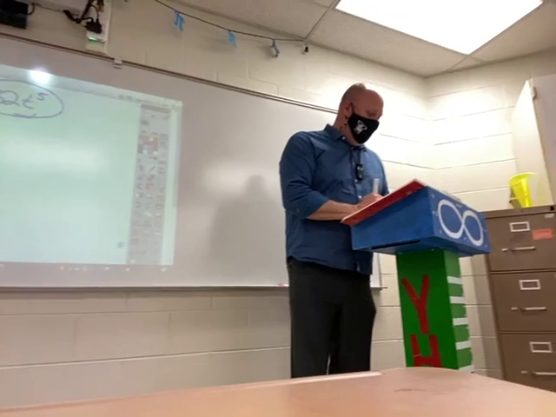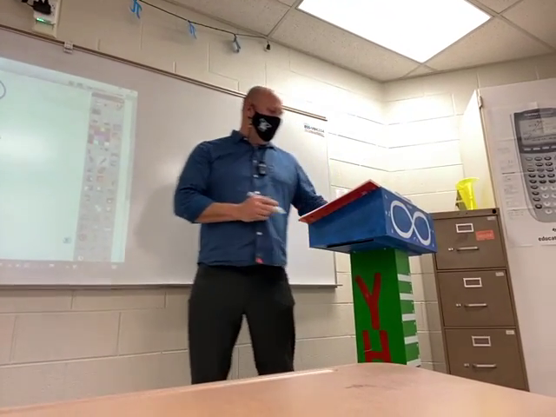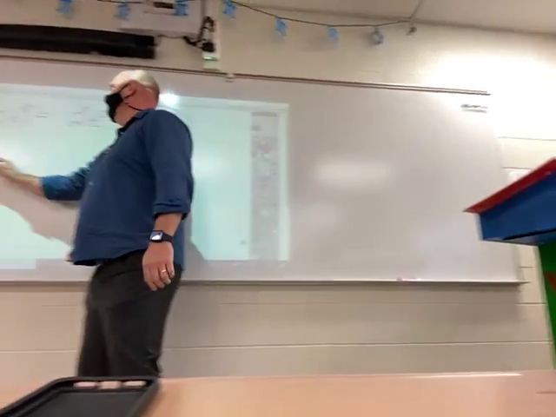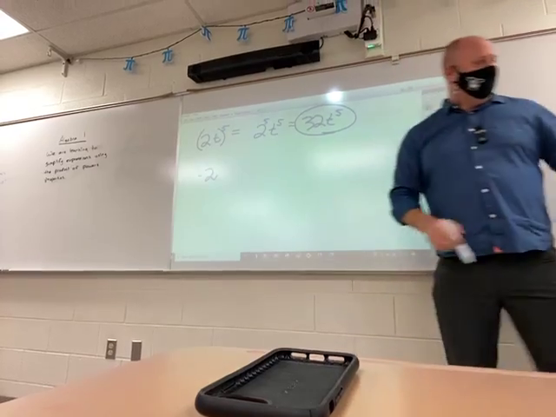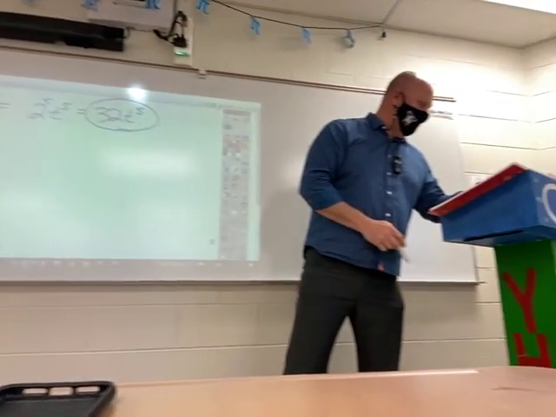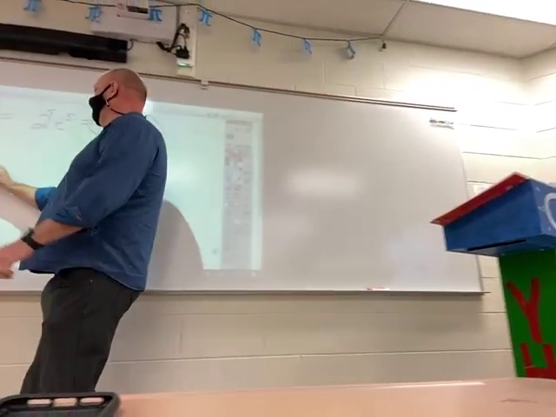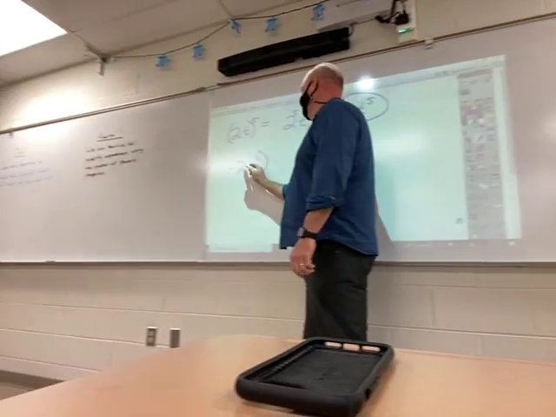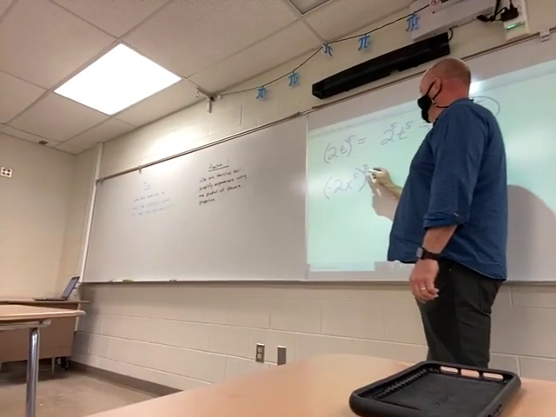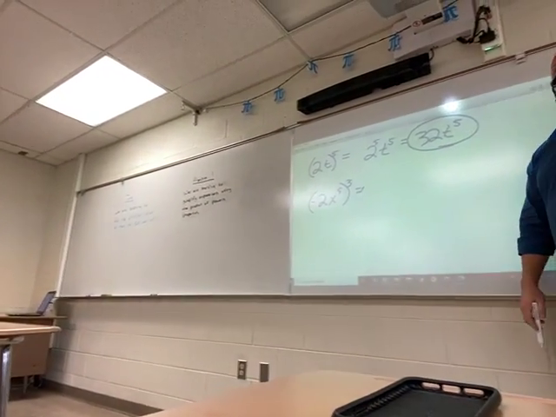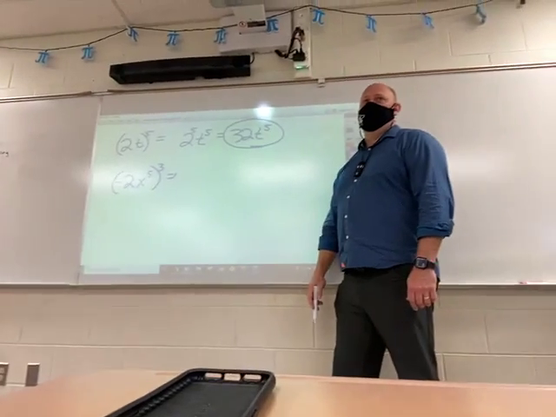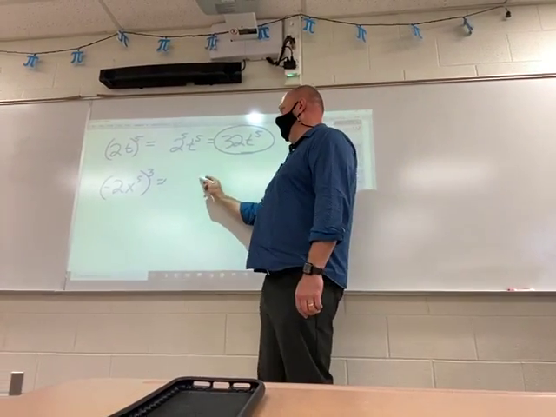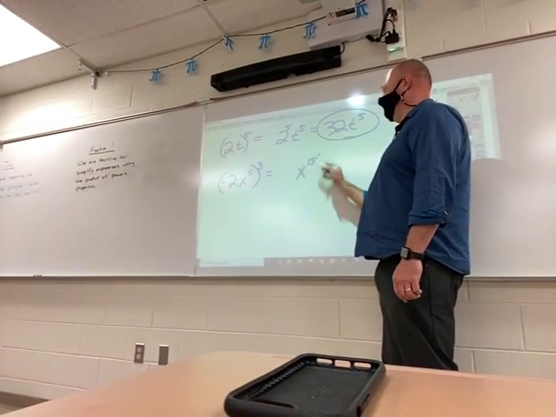Okay, how about 15? Negative 2x to the 5th all raised to the 3rd. What do I do now? So that's going to be x to the 15th, right?